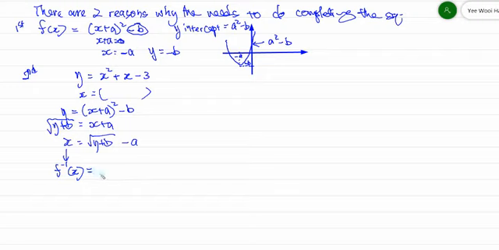The question is, you got a plus minus here because it's a square root. Now remember, if it's a quadratic function, for it to have an inverse function, the function must be a one-to-one function.